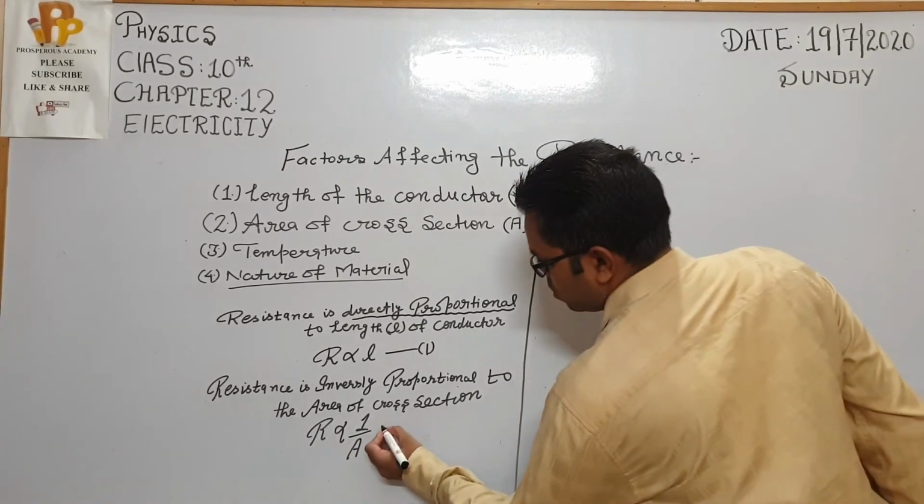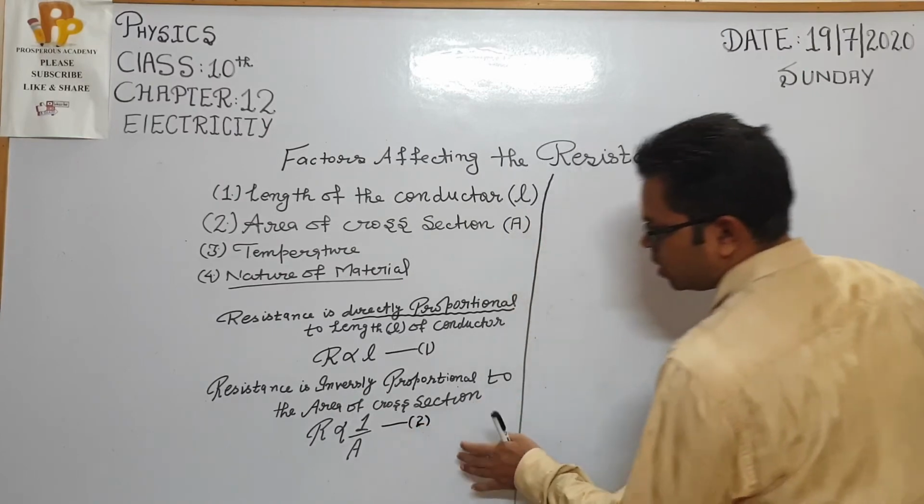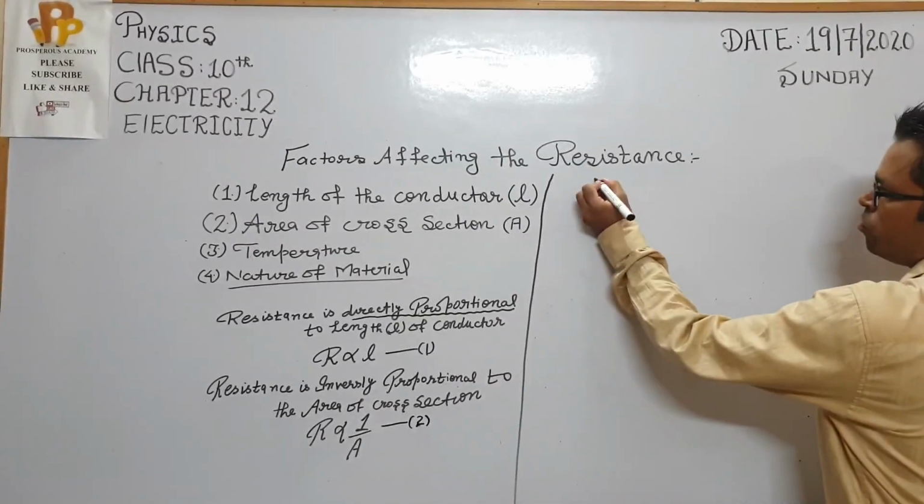Okay, now you just mark it as 2. Now beta from here combine first and second.